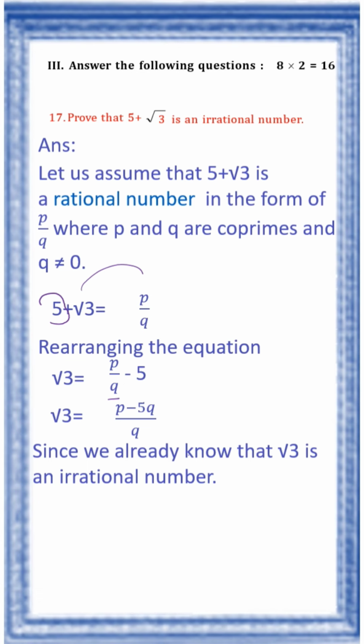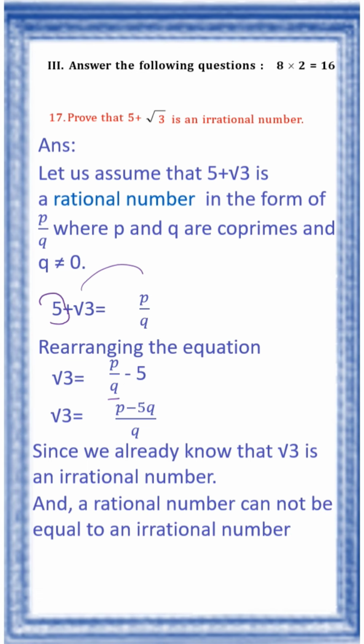Since we already know that root 3 is an irrational number and a rational number cannot be equal to an irrational number. Here this is a rational number, it is in the form of p by q. But root 3 is an irrational number.